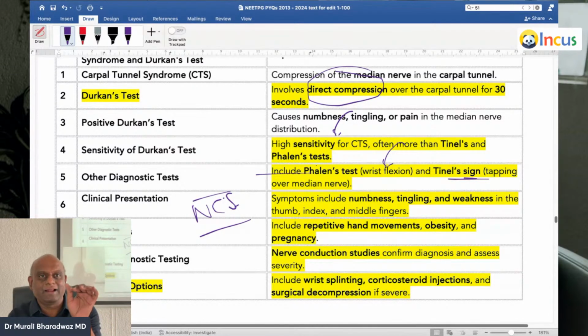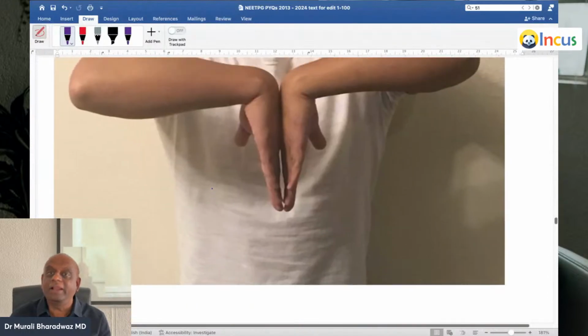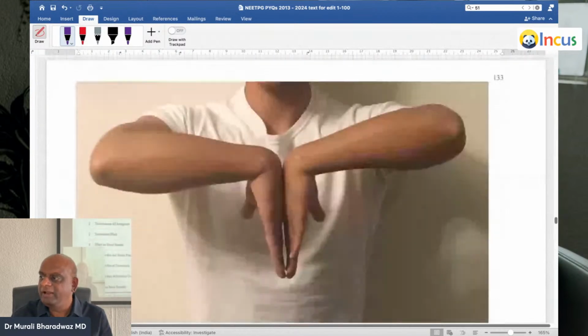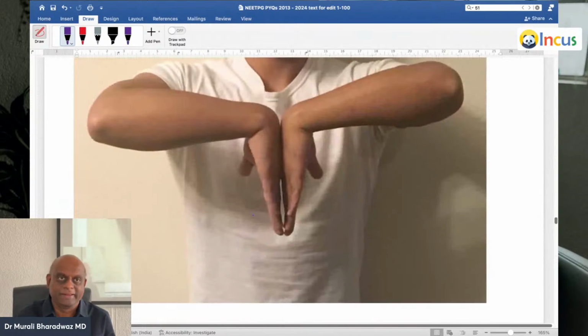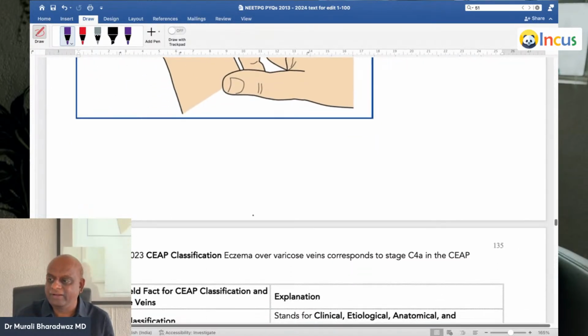Ultrasound can clearly show the carpal tunnel leading to compression of the median nerve. So this is Phalen's test. What is this, doctor? It is Phalen's test. Then this is Tinel's sign.